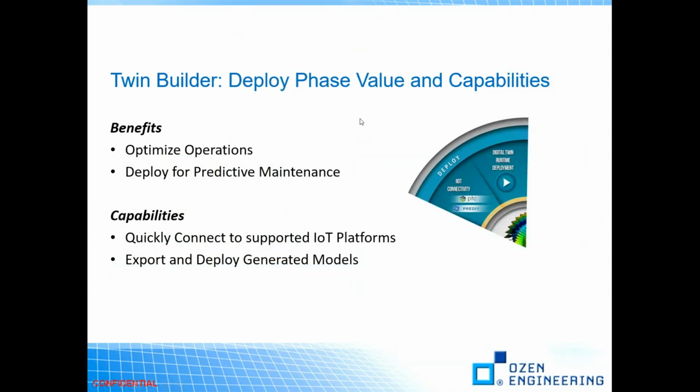Lastly, we have the third phase. That's the deploy phase. The value of the capabilities: you can optimize your operations. You can also deploy for predictive maintenance. The capabilities include quickly connecting to supported IoT platforms and exporting and deploying generated models.